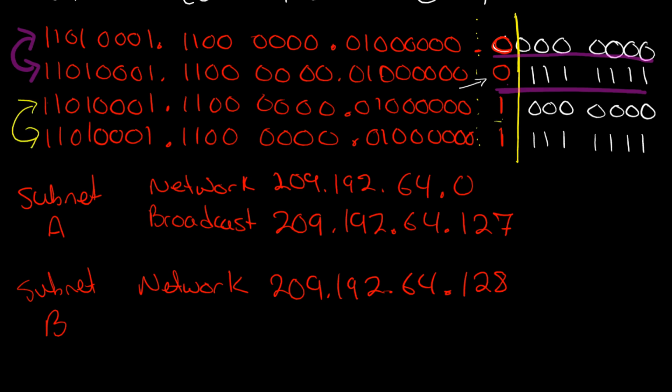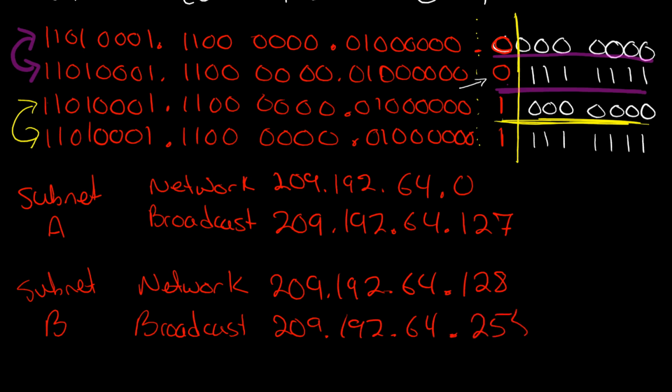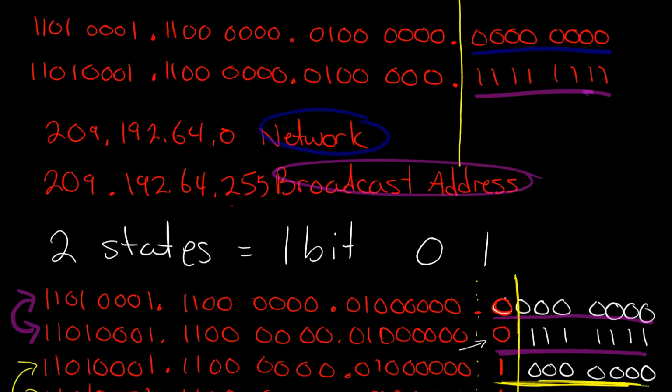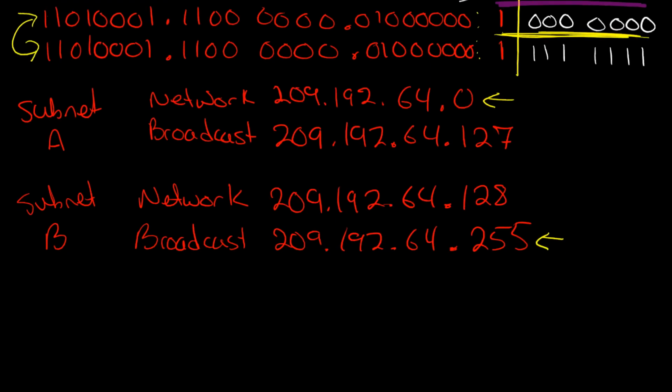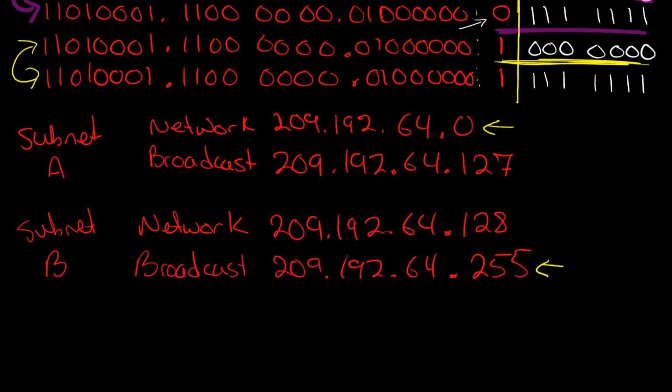So this is our network address, and then our broadcast address is going to be 209.192.64.255. Now what you'll notice about the first network address and the last broadcast address is that they match the network and broadcast addresses of the whole address space. So we really have just cut this address space in half. It went from 0 to 255 and now it goes from 0 to 127 and from 128 to 255.